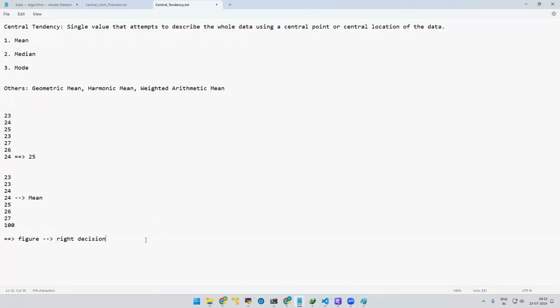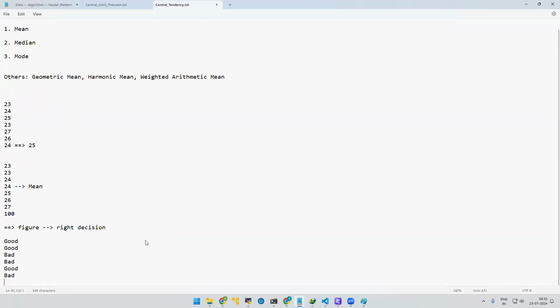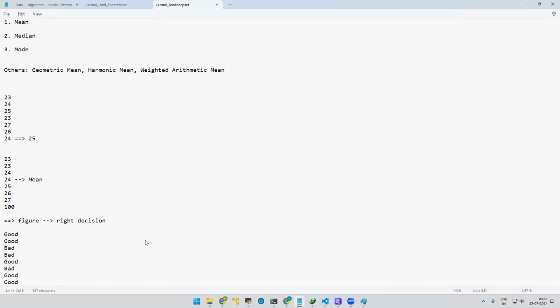So the next one is mode. Let's take values like good, bad, bad, good, bad, good, good. In this case, is there any possibility to take average, mean, or median?